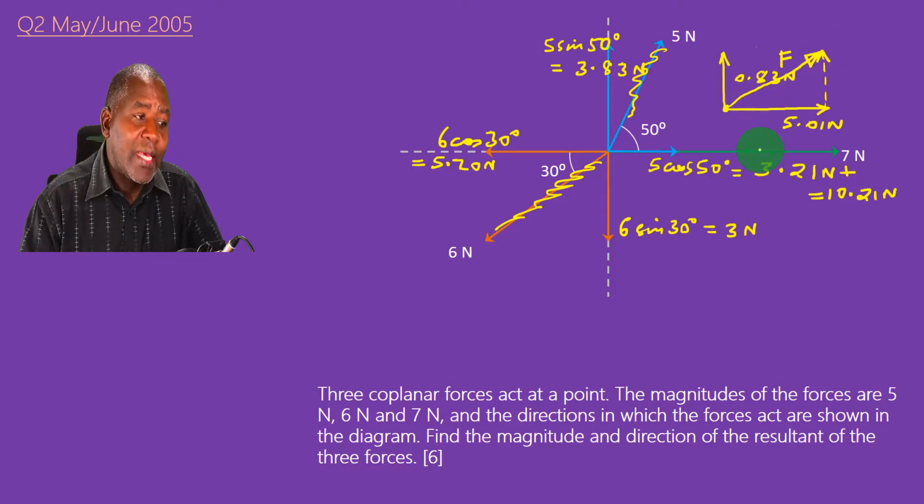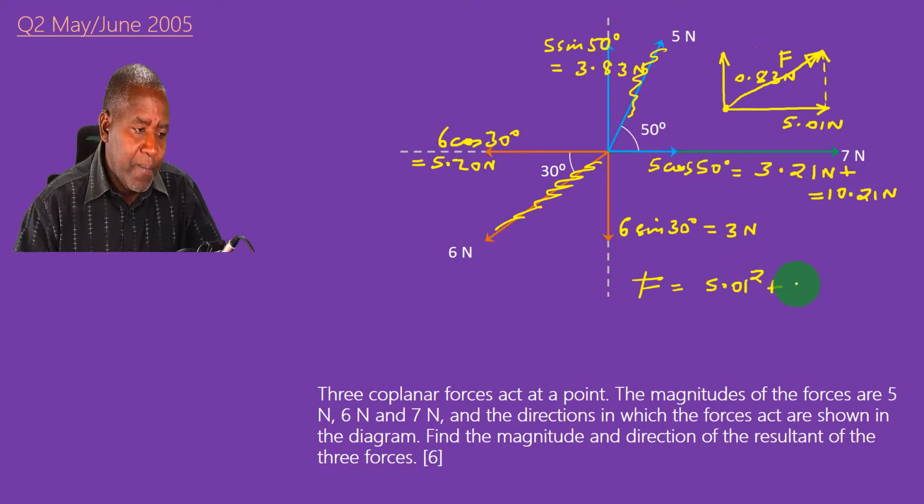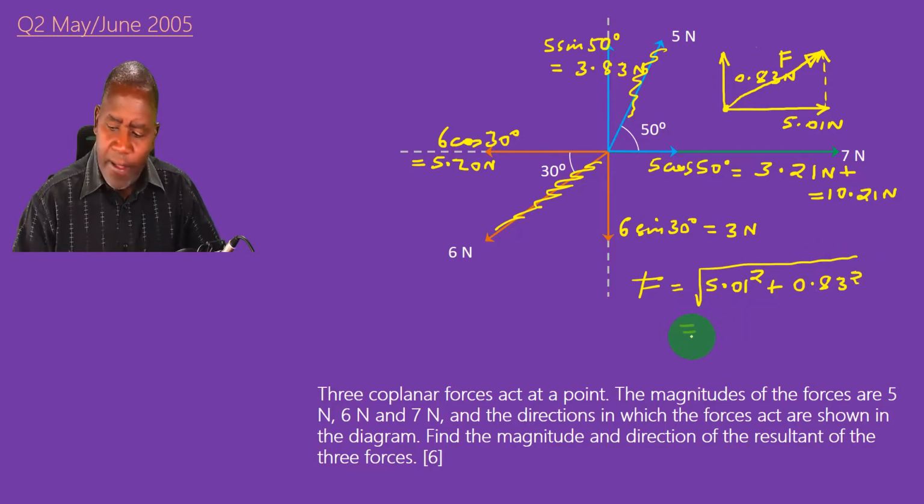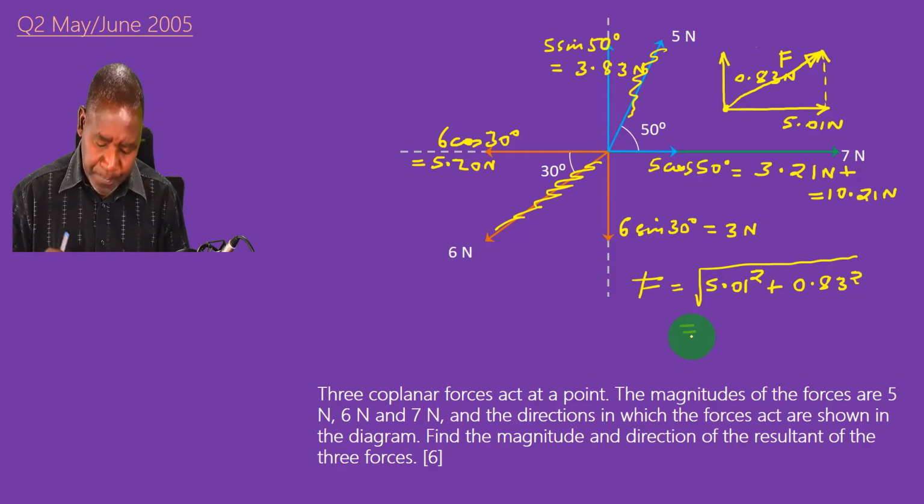And how do I get its magnitude? Pythagoras theorem. Very simple. Should be the square root of 5.01 squared plus 0.83 squared. So I have 5.01 squared plus 0.83 squared.